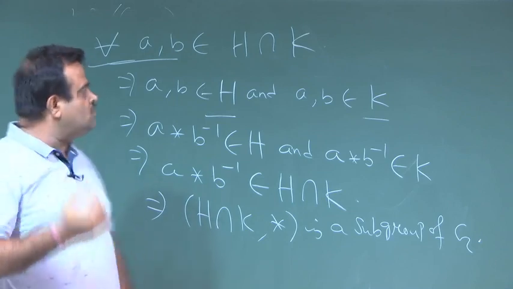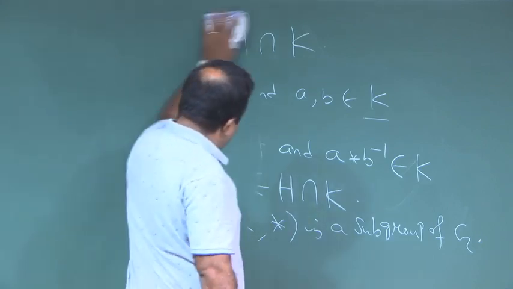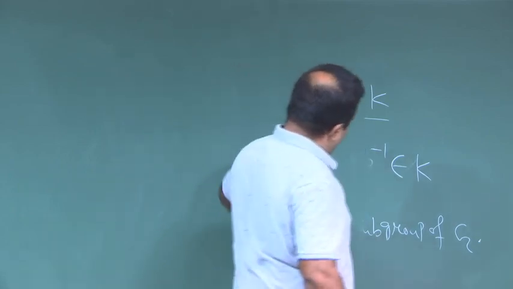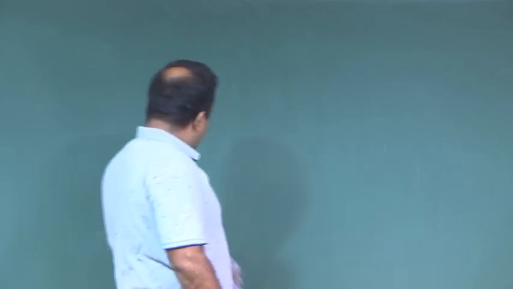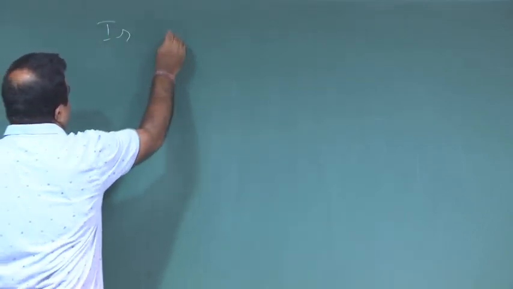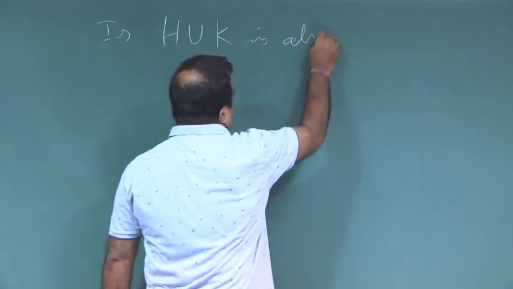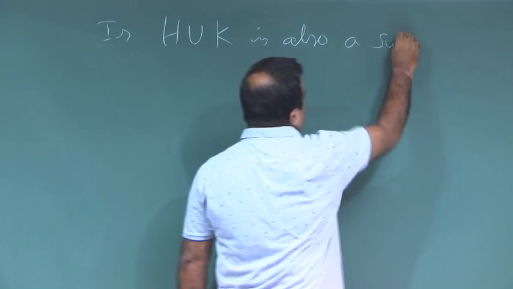Now, we want to know the union: if we have two subgroups H and K, whether their union is also a subgroup. It need not be a subgroup. So, the question is, is the union also a subgroup?